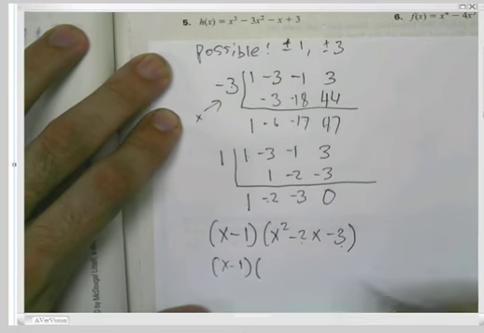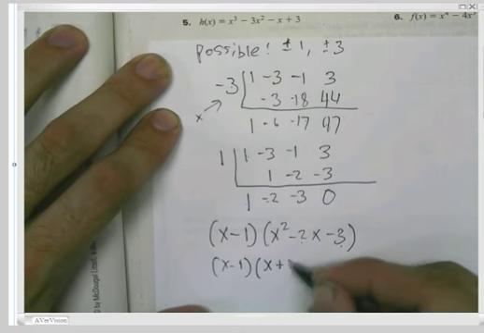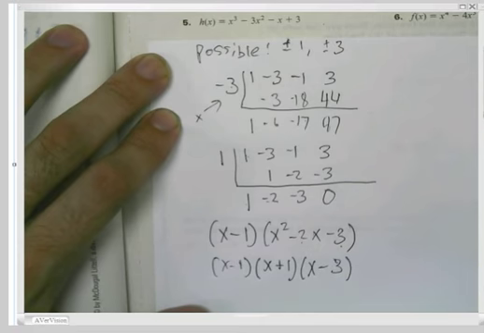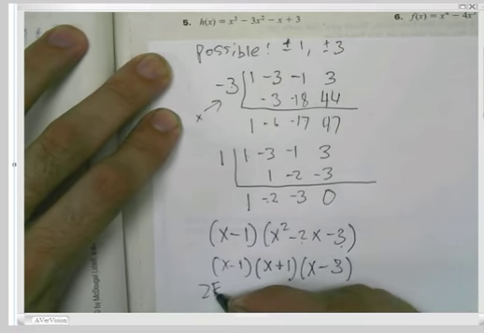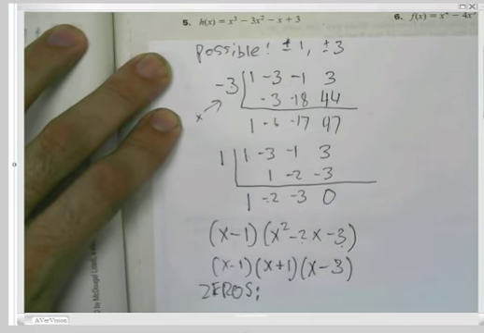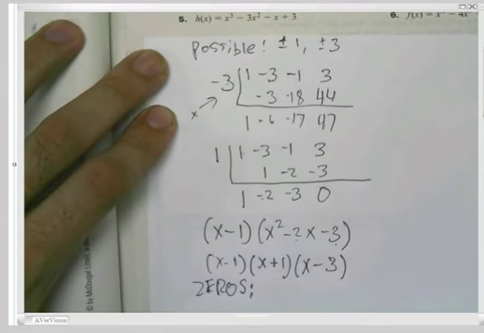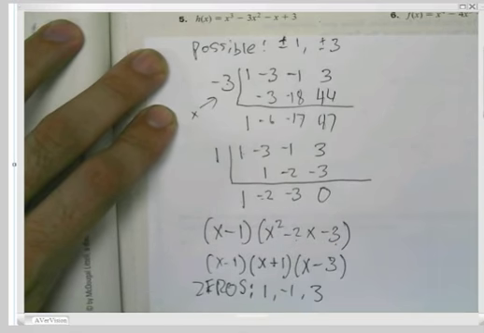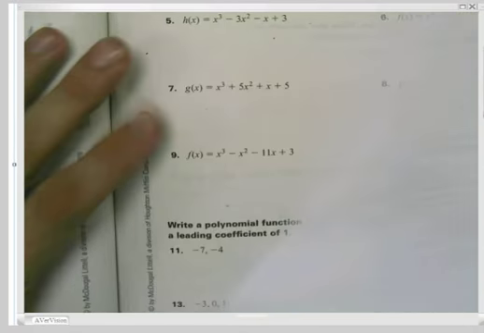I know I'm going to have x plus 1 and x minus 3. So the zeros are, pretty bad handwriting, 1, negative 1, and 3. Excellent. Okay, let's move on down to another one.